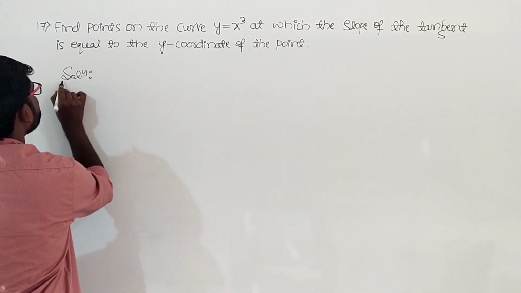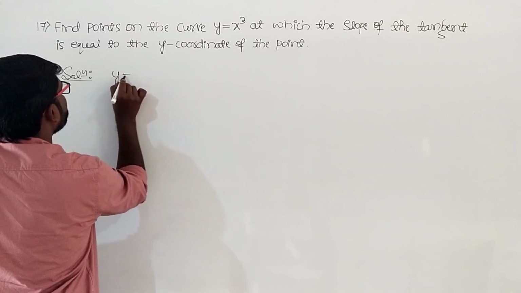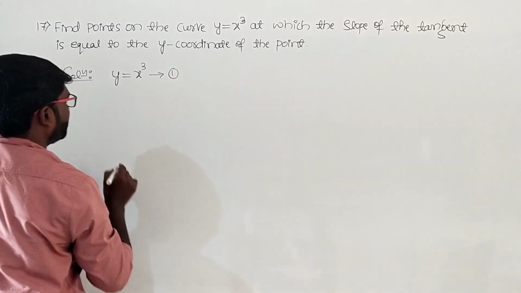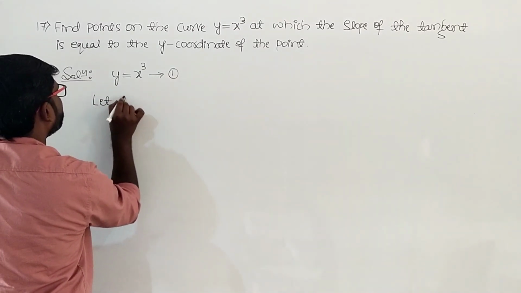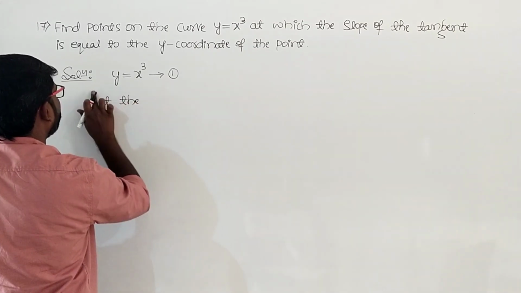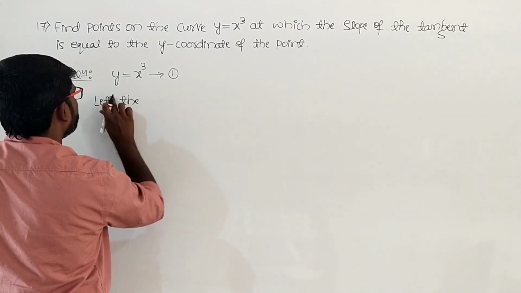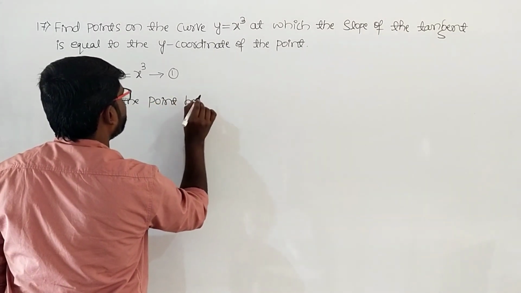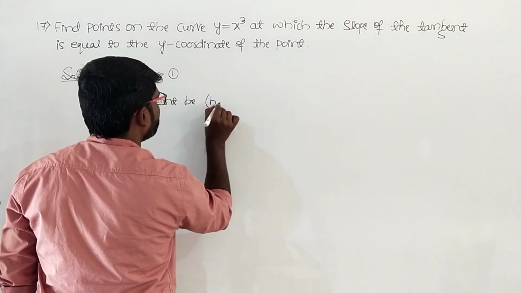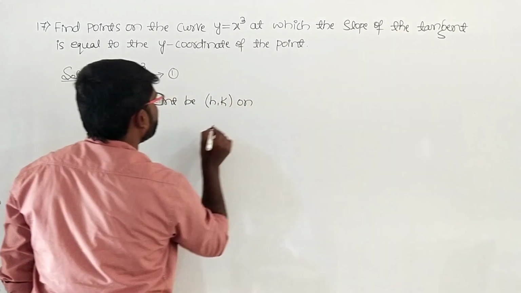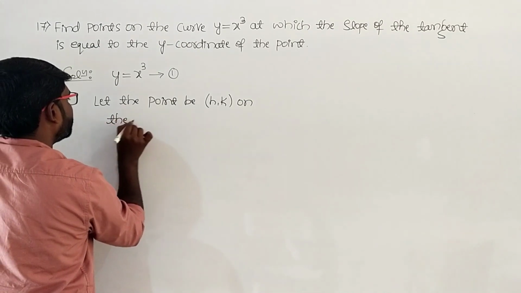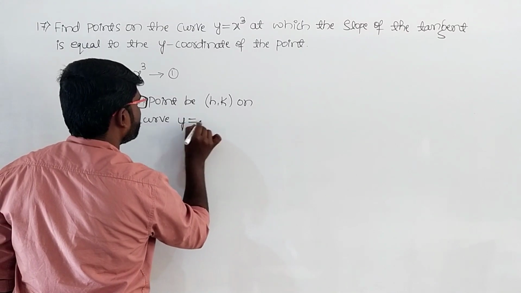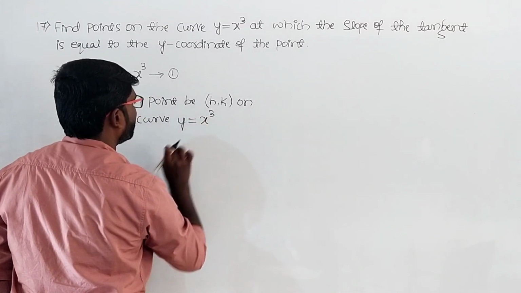We will write the given equation of the curve y equals x cube, call this equation number 1. Let the point be h comma k on the curve y equal to x cube.